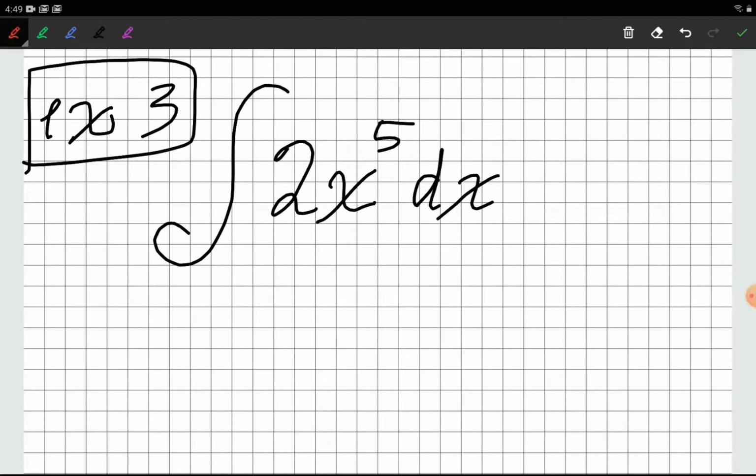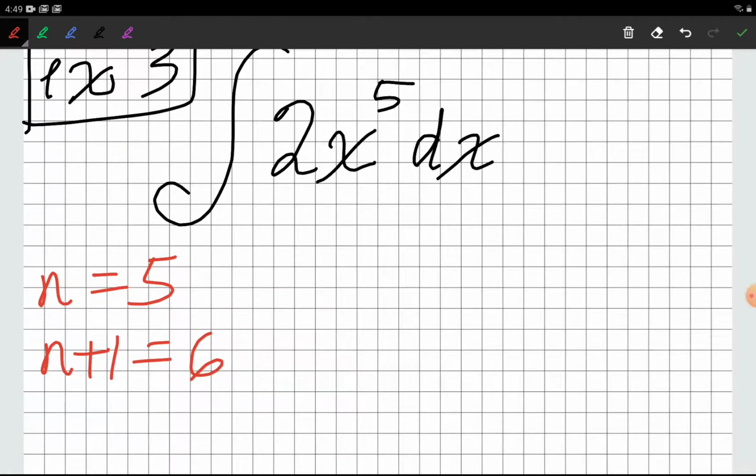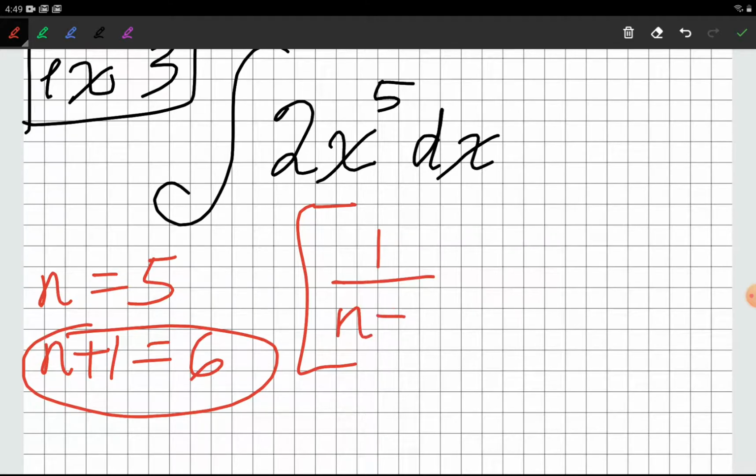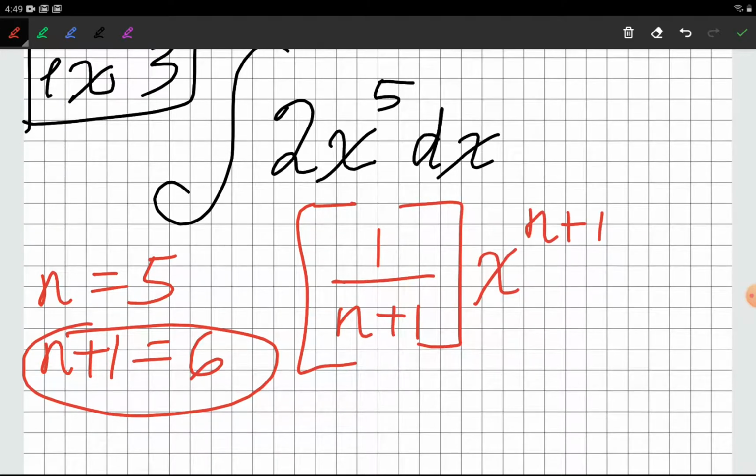And so same exact process. n equals 5. Your n plus 1 is 6. And so again, that's what we care about. 1 over n plus 1, x to the n plus 1. That's your formula.